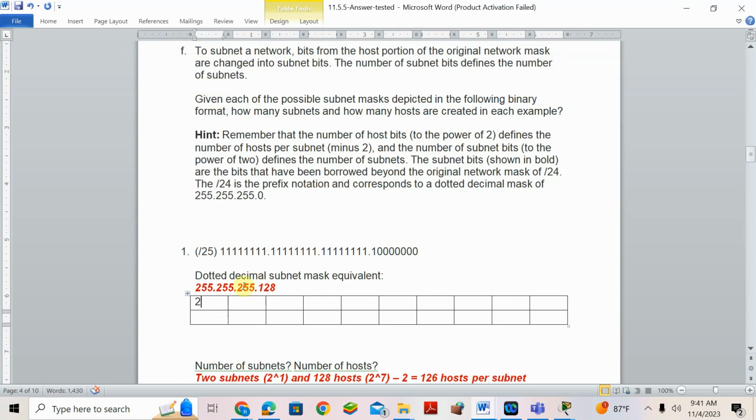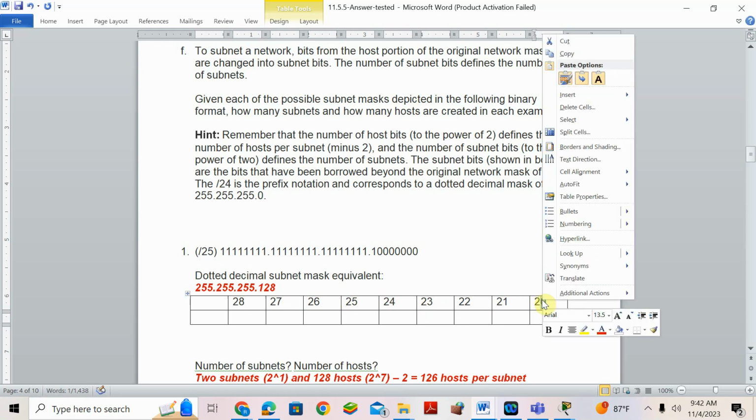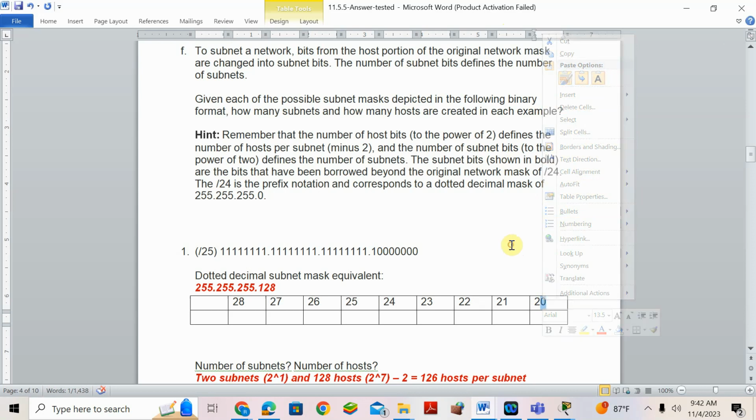Start from 2 power 0, then 2 power 1, 2 power 2, 2 power 3, 2 power 4, 2 power 5, 2 power 6, 2 power 7, and 2 power 8. So make it there, the font, insert, home.